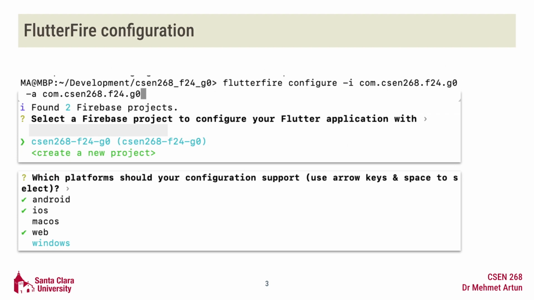Okay, now we're going to configure, so this step is configuring the Firebase options file based on the project. It will say found two Firebase projects and choose the project that you want to initialize.